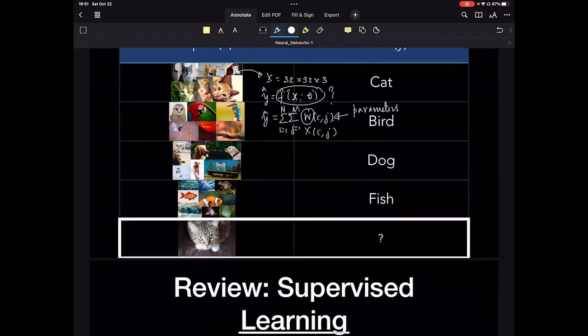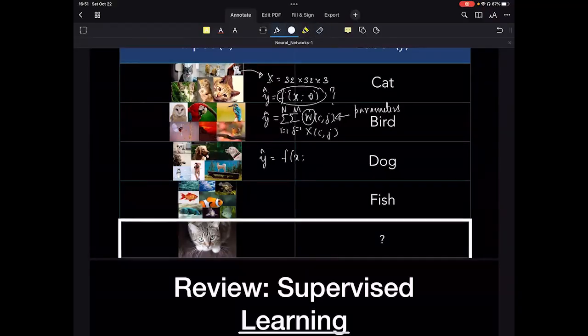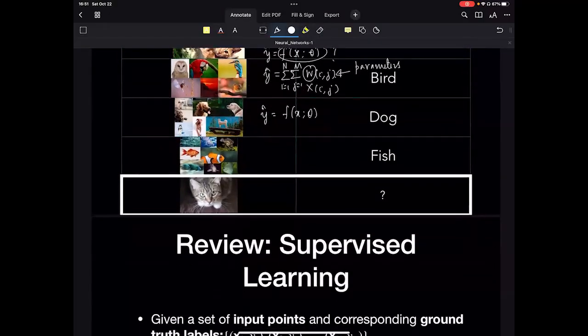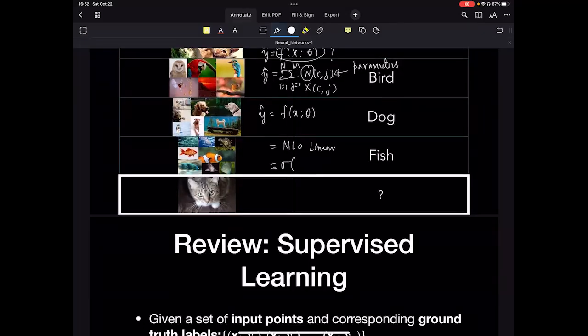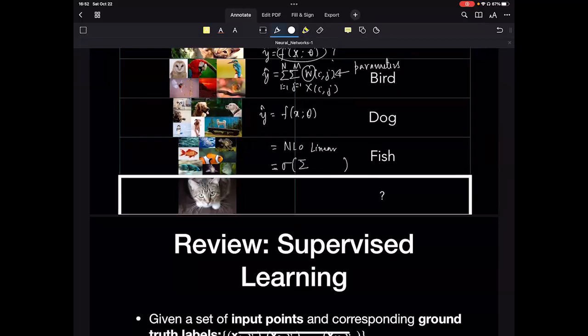applying a non-linearity. So now we say that we have y hat, which is again this f(x; theta). Now here, this will end up being a composition of a non-linear operation and a linear operation. The non-linear operation is typically symbolized using the sigma operation, and the linear operation we can write as whatever we had written earlier.